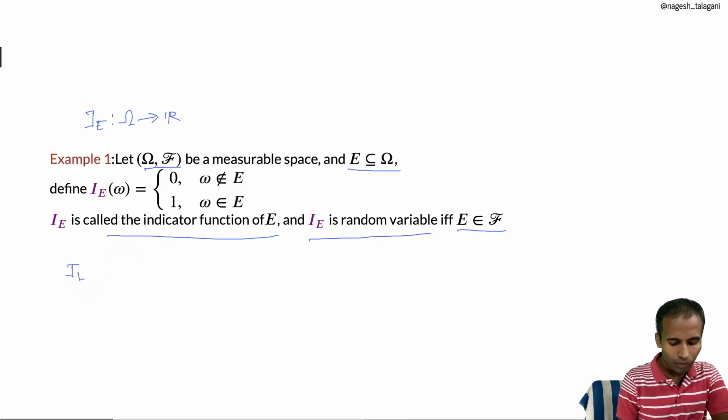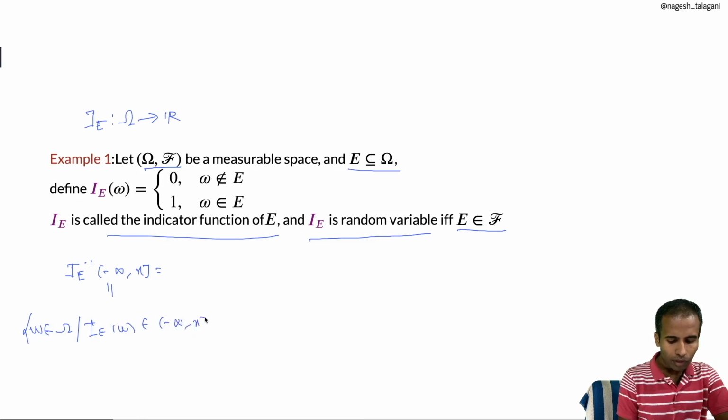Let's look at the inverse image of minus infinity to x. We know what it means: it consists of all outcomes for which I of omega is sitting in the interval minus infinity to x. We know that I of omega is always either 0 or 1, right? Now, if x is less than 0, neither 0 nor 1 will be in this range.